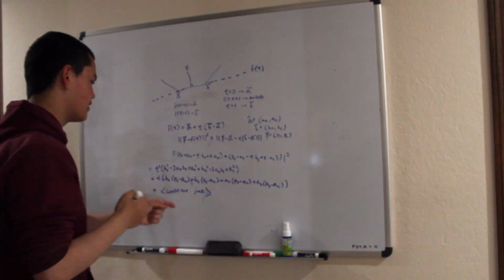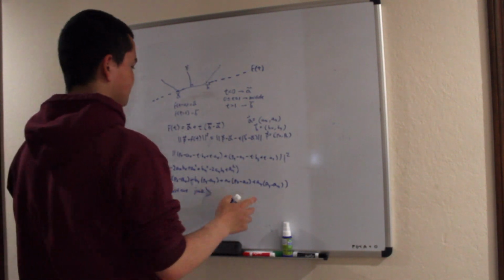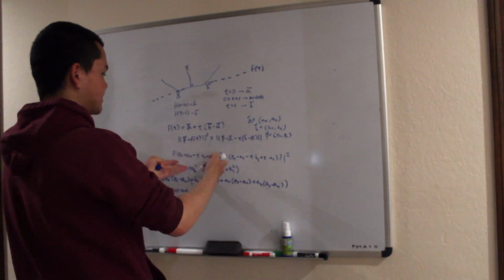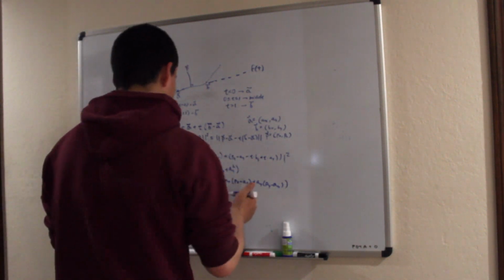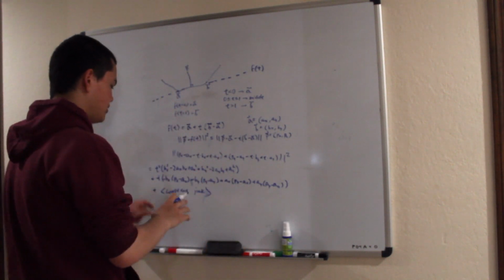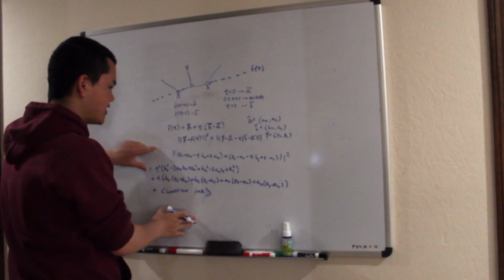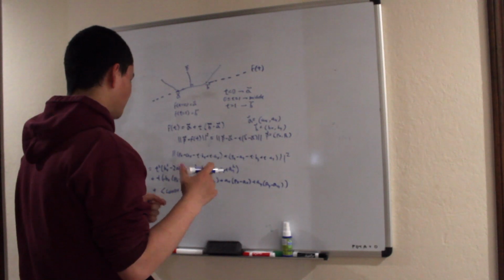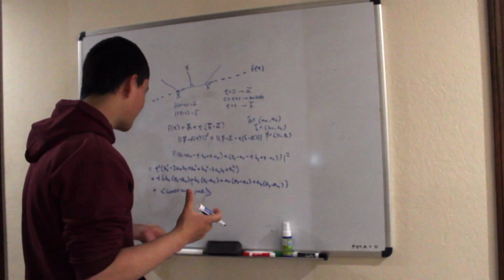We can actually simplify it quite a bit, and there's no point really of expanding this out in the first place. But we want to minimize this quadratic, so that'll happen when t equals negative b over 2a.